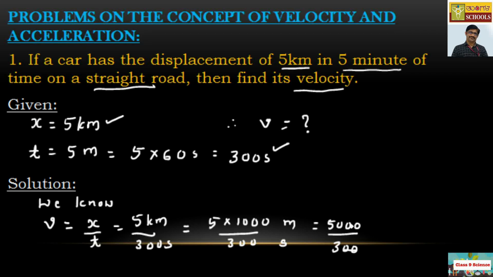So these two zeros cancel each other, and you are left with v equal to 50 divided by 3 meter per second.